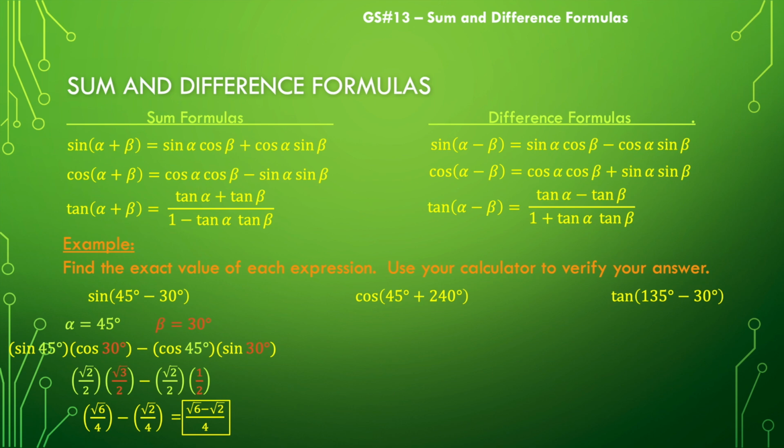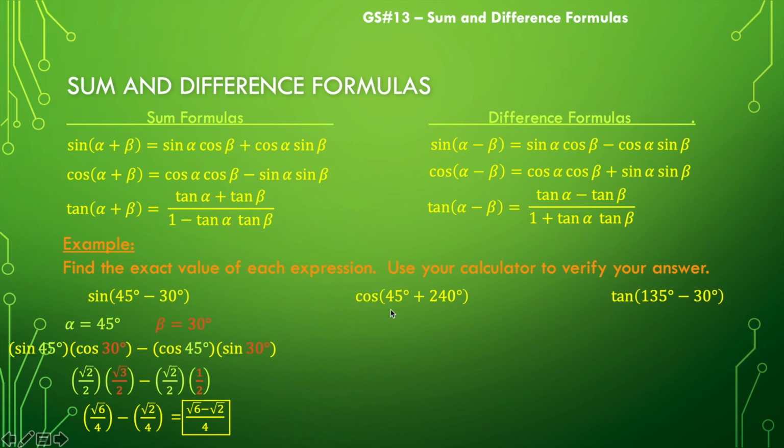Okay, let's move on to the second example here. All right, the cosine of 45 degrees plus 240 degrees. Okay, notice that what we're really finding here is the cosine of 285 degrees. We don't know this from our unit circle, but by breaking it into pieces that we do know, we can evaluate this exactly. Okay, so notice that this is a sum.